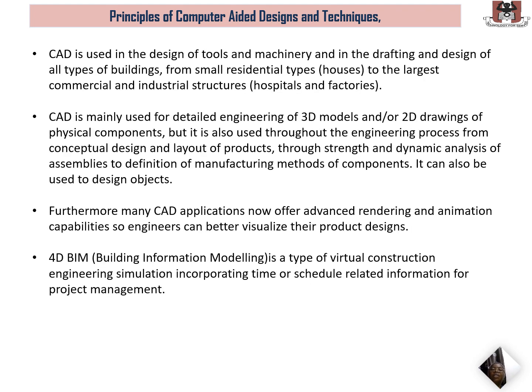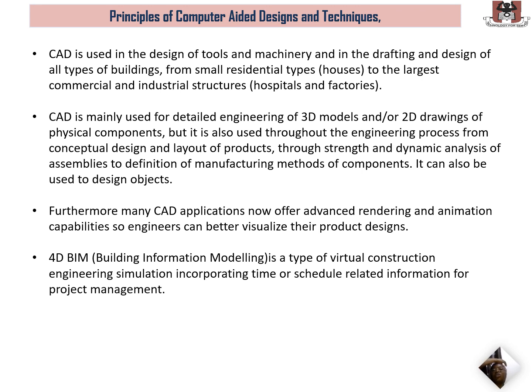CAD is used in the design of tools and machinery, and in the drafting and design of all types of buildings, from residential to the largest commercial and industrial structures. Like we have AutoCAD. It can be used for detailed engineering drawing, like 3D models or 2D drawings of physical components.